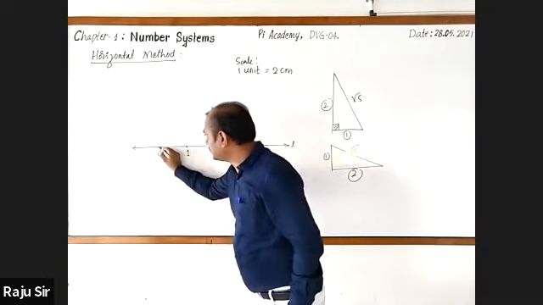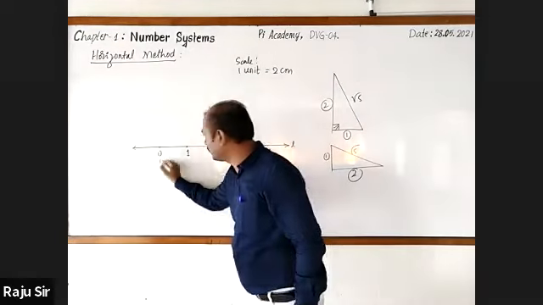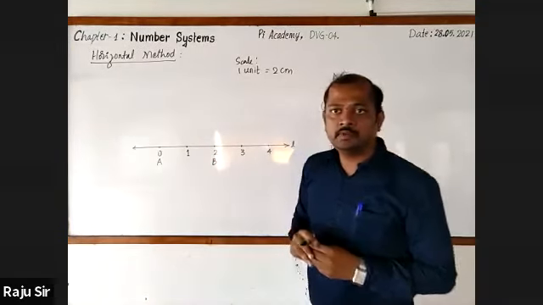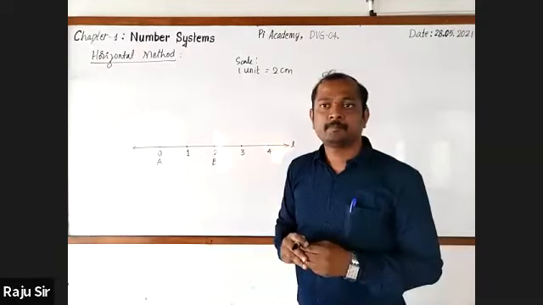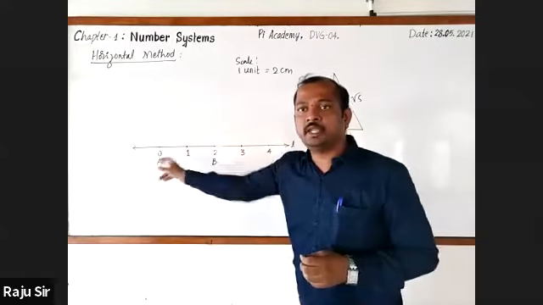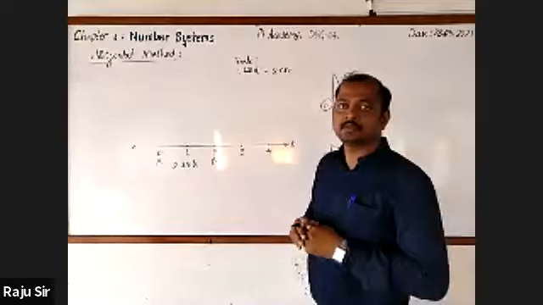So I take the point which represents 0 as A and this 2 as B. Have you understood? What is the distance from A to B? 2 units.